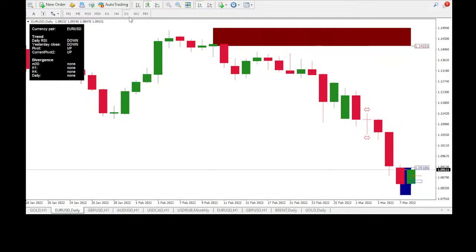Price has broken the 1.09 level last week, and yesterday and today price tried to recover, but it's just temporary, in my opinion, because we do not have any fundamental impact that can push euro up, because of this war between Ukraine and Russia, and because of a very strong US dollar, and because of several news in the Eurozone. We think that price will be in this area, maybe lower.